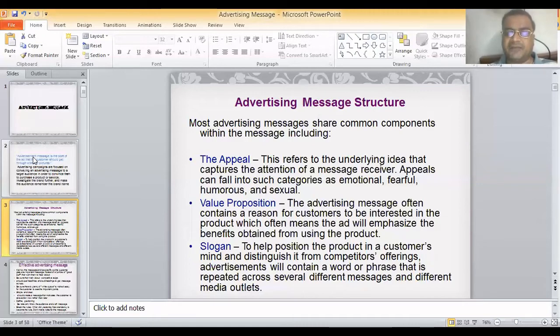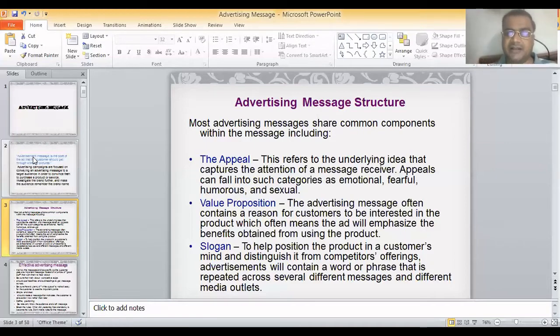Likewise, if we look at an ad of a helmet which is done by the government of India, where you see a person who is not using a helmet, or who is using a mobile phone while driving, and the person dies or meets with an accident, the appeal there is fear.